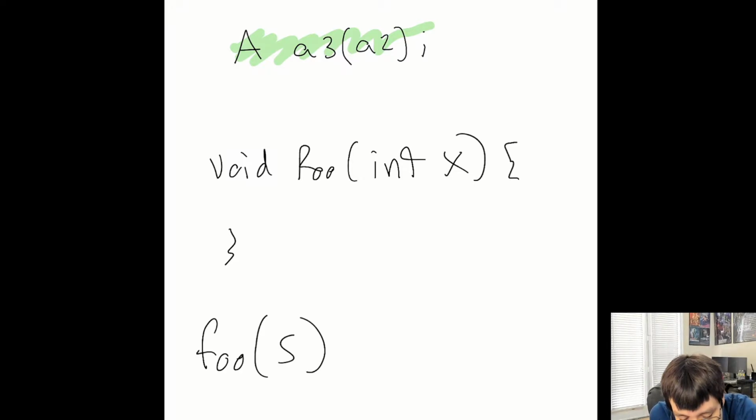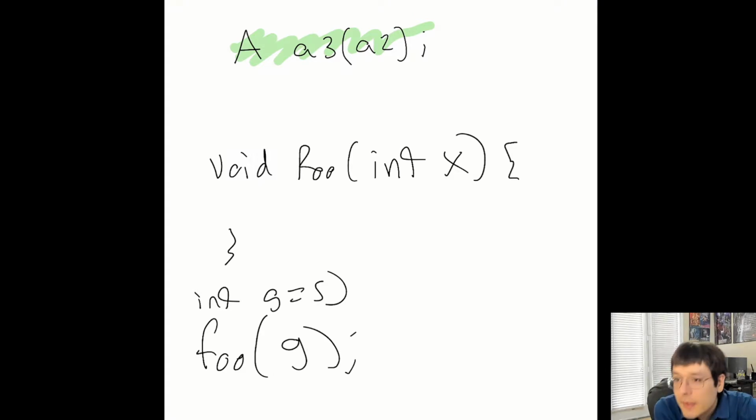Well, this was more obvious because it's a parameter, but if we add something like int g = 5, and then we call foo(g), what is happening here is we are not passing the actual variable g into function foo. We're passing a copy of that value. So we're taking what is in g, which is a 5, and we're copying that.